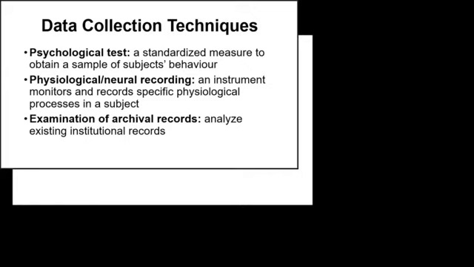There's lots of different things we can use for that. We can do heart rate, or we can look at, say, the dilation of your eyes, or a whole host of different things. For neural recording, you can actually go in and record specific neurons or specific parts of the brain or the rest of the body in order to see which parts are active at any given time.